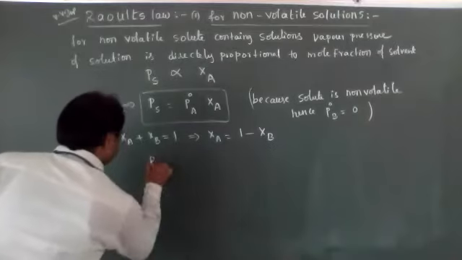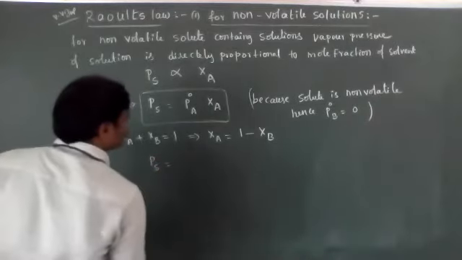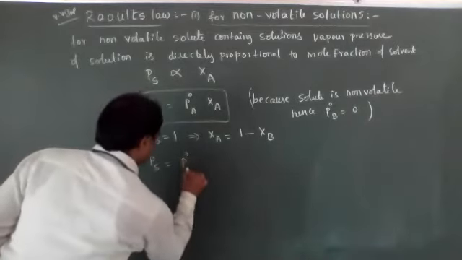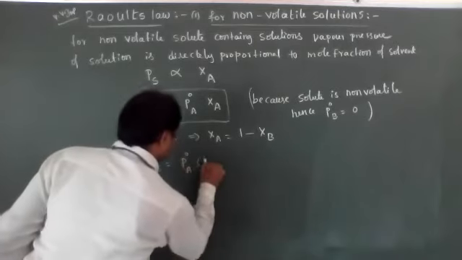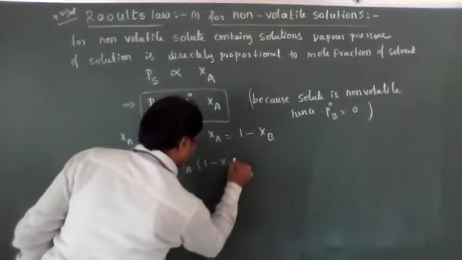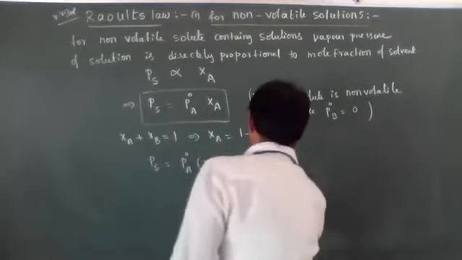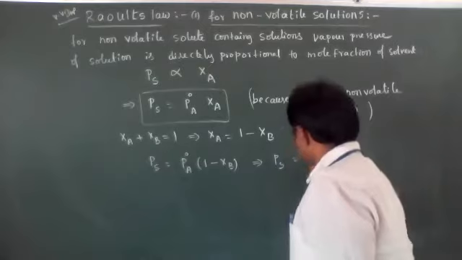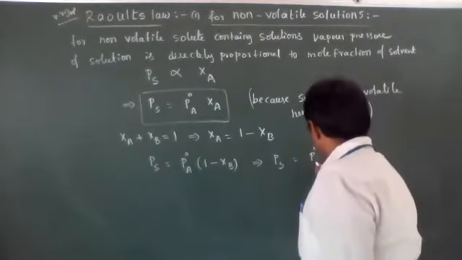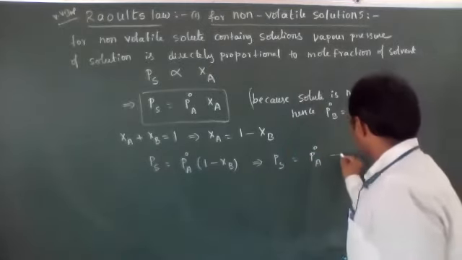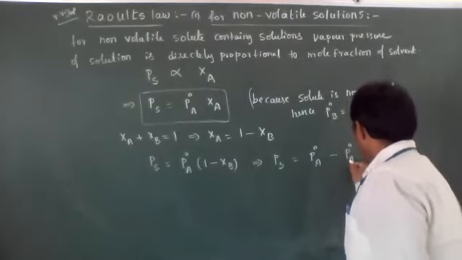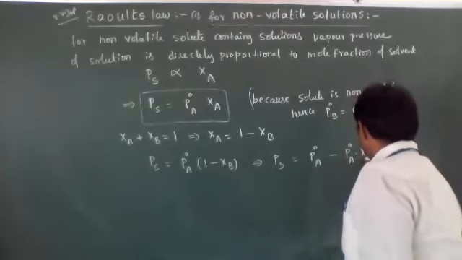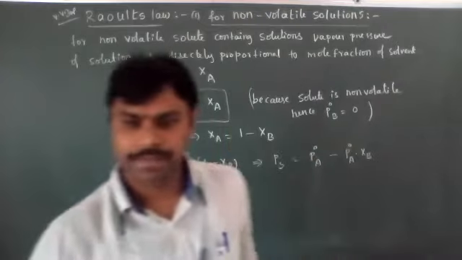Then PS is equal to P naught A into 1 minus XB. This equation becomes PS is equal to P naught A minus P naught A into XB. Okay, students?